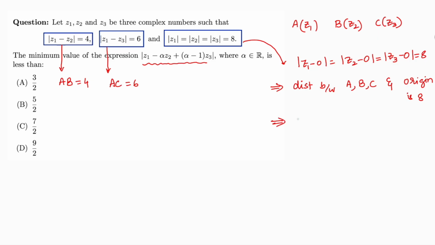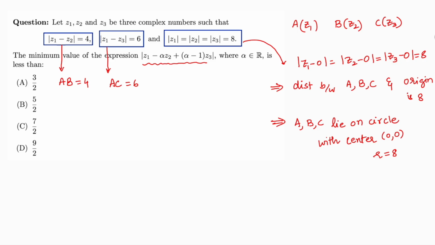That means points A, B, C lie on a circle with center at the origin and radius equal to 8. So this data is given.